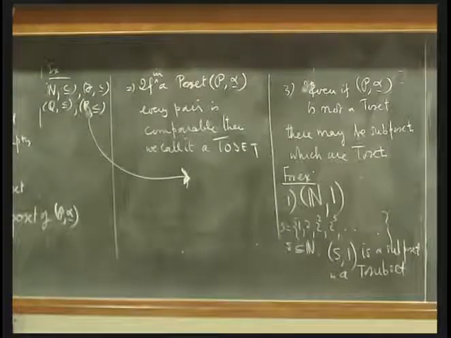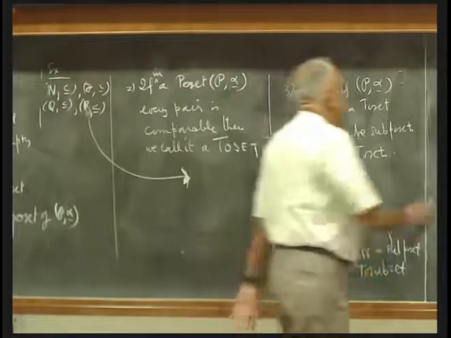So even though the original partially ordered set may not be totally ordered, there may be sub-posets which may be totally ordered. Such things are called chains. A subset which is totally ordered is called a chain. In a totally ordered poset, everybody is a chain. But in a general poset, a sub-poset may be a chain, may not be a chain.